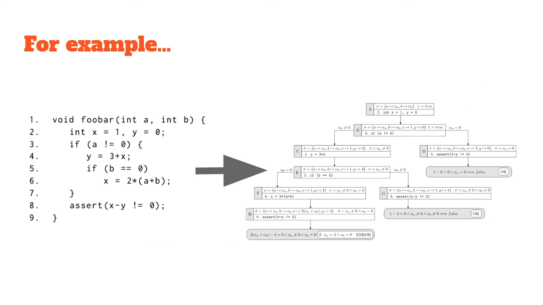So for example, on the left you have what might be a decomp or source code, and on the right you might be looking at that and thinking, what is that garbage? That's actually the representation of a control flow graph when you're trying to represent the solving constraints for each block within it.